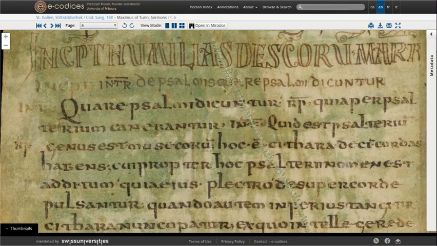And the teacher responds, quia per psalterium canebantur. And in English, the teacher says they're called psalms because you play them with a psalter. It just kills me. The ultimate dad joke in a medieval manuscript. I'm so done.